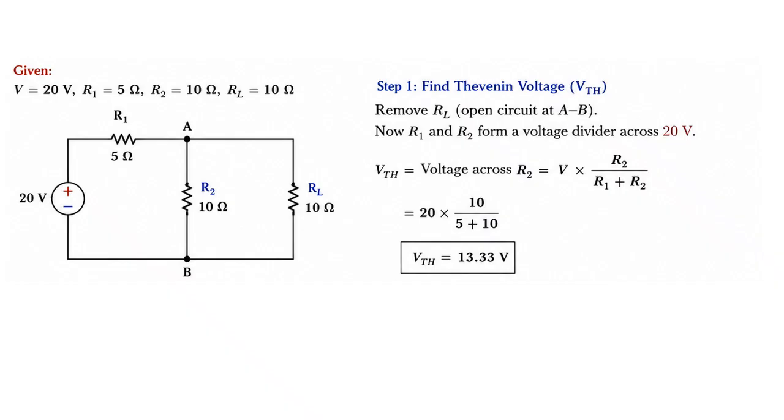By substituting the values of V, R1 and R2 directly in the formula, we can find out VTH as 13.33 volts.